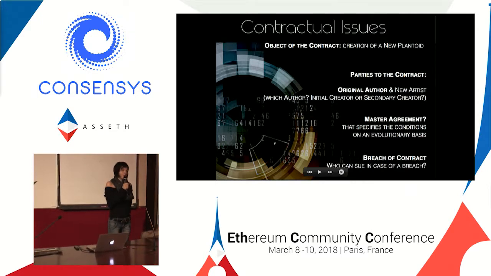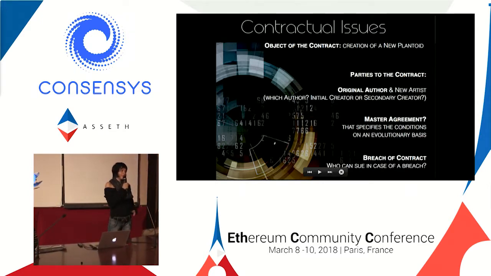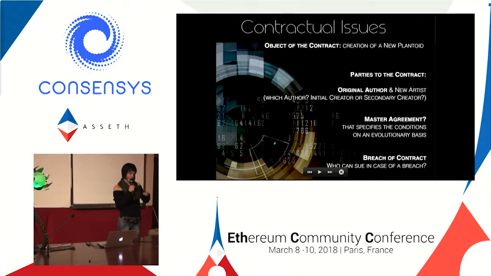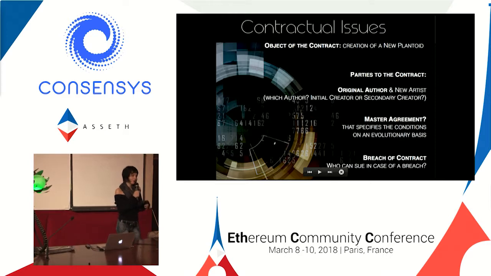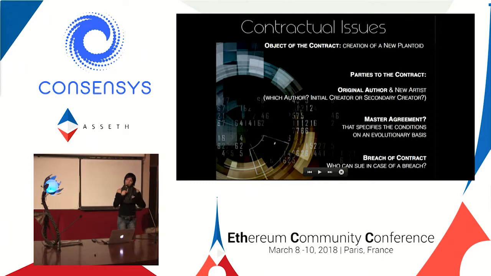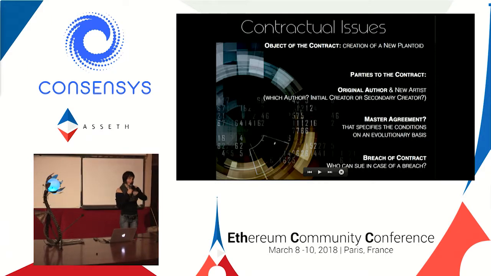And then, in terms of contractual agreements, is there a need for creating a new contract all the time, or can we design a legal master agreement in which everyone participating in the creation of all the different plantoids within the genealogy needs to comply with this master agreement, and then whenever they create a new plantoid, they have to create a new master agreement with the changes within the DNA code that are participating to this.